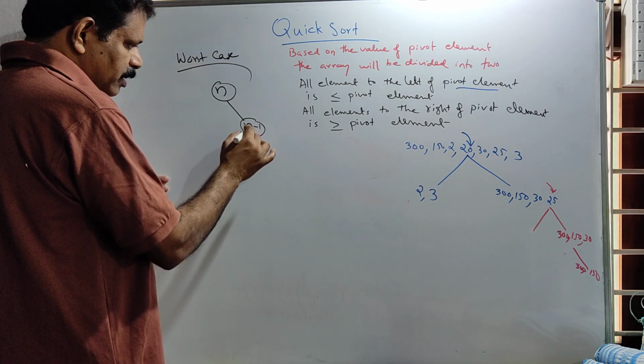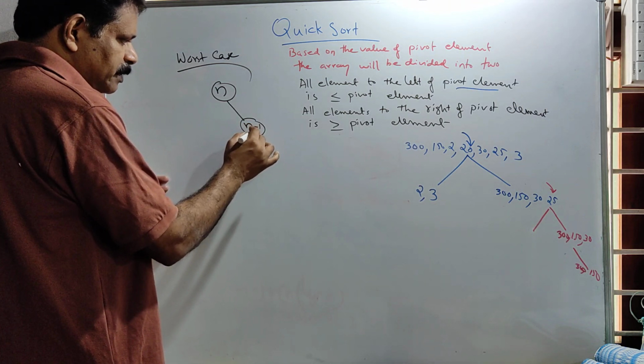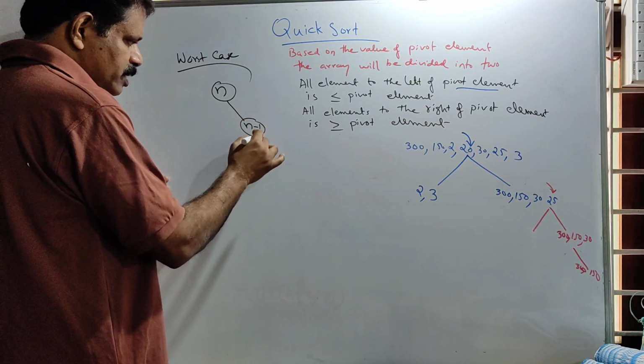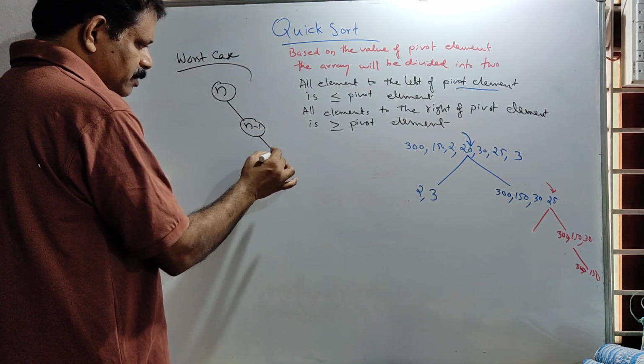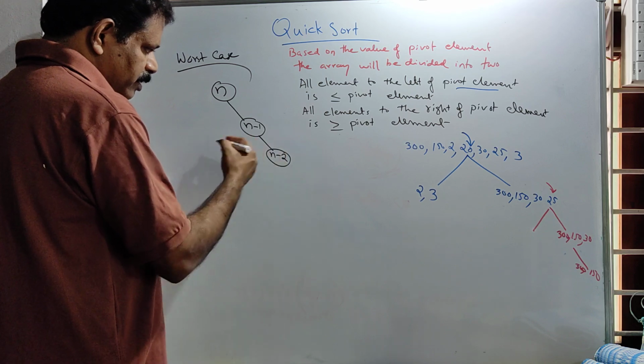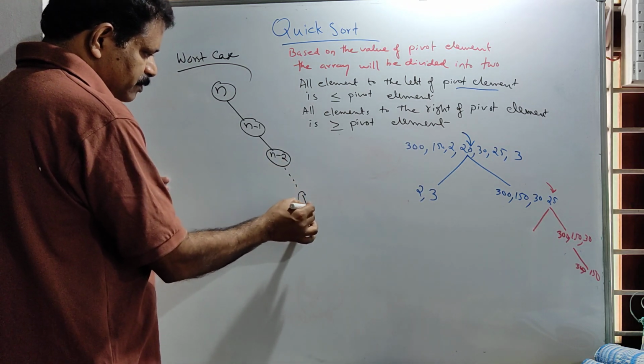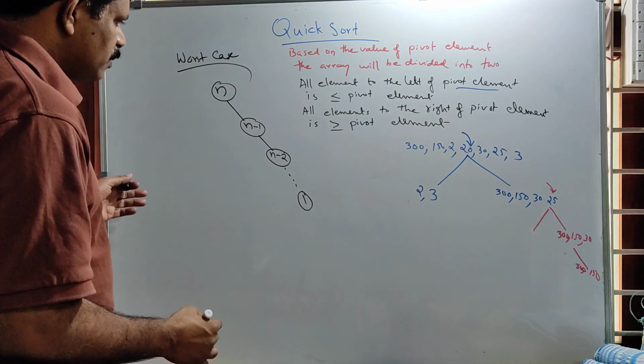At this node, we have picked one pivot element, placed it in the correct position, then the remaining elements are gathered on the right subtree. Okay, and this continues. Finally, problem size will become 1.